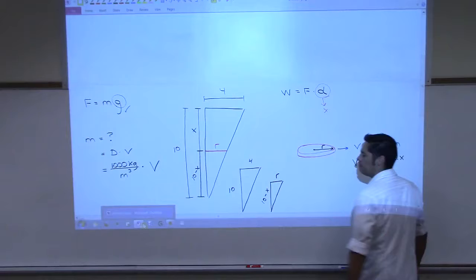The main three things they cover are the idea of work, hydrostatic pressure, and, last, the center of mass, another word for which is the centroid.